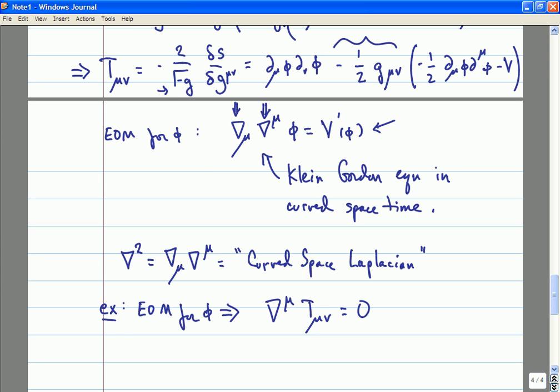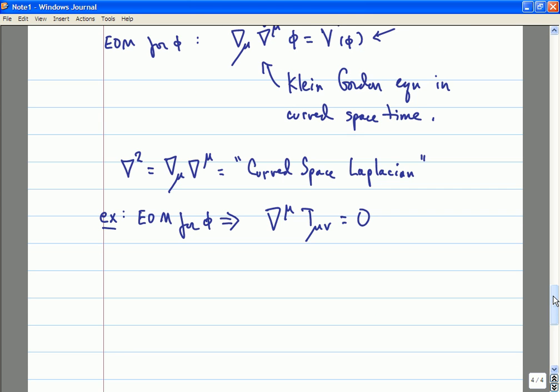However, what I would like to point out is that there is always going to be a very simple solution to this set of equations of motion. So the simplest solutions to the equation of motion will be when phi is equal to a constant, which I will call phi naught.